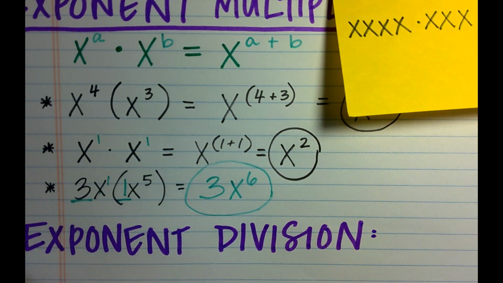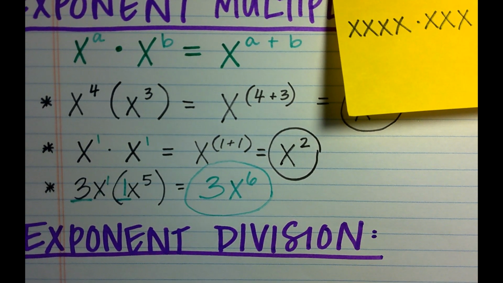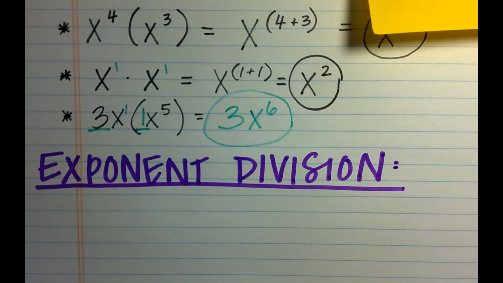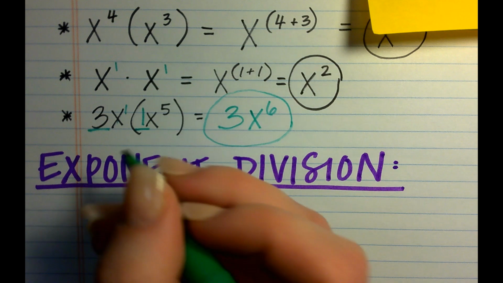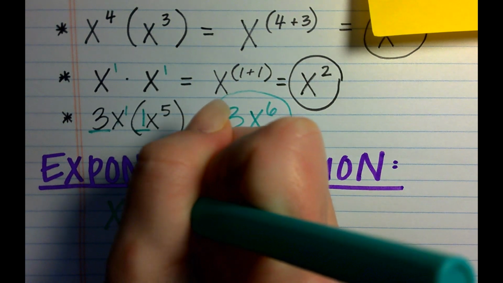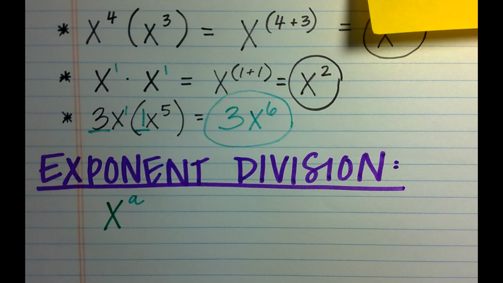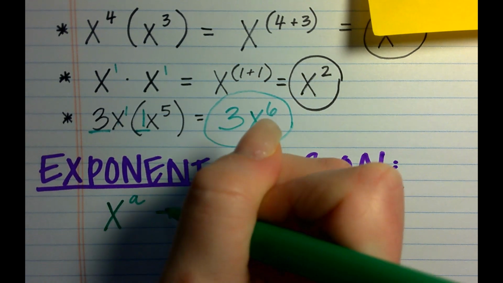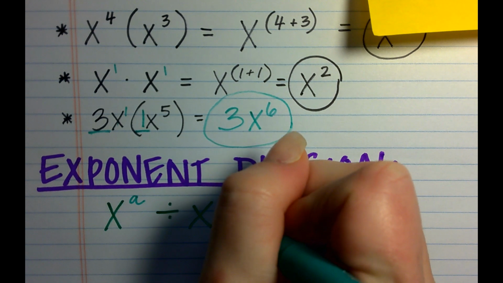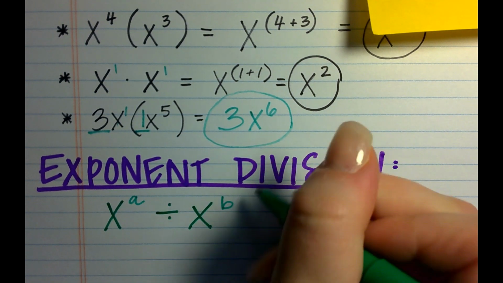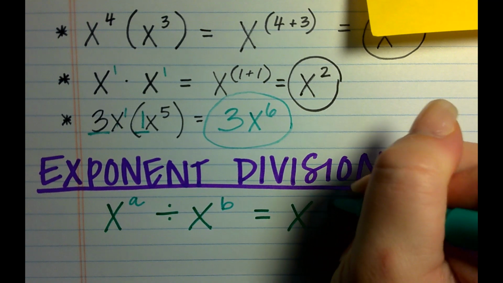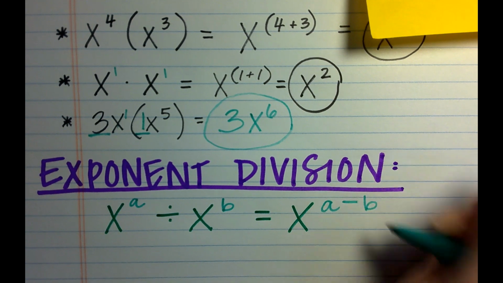I'm going to write another formula. This time I'm writing x to the a power divided by x to the b power equals x to the a minus b.